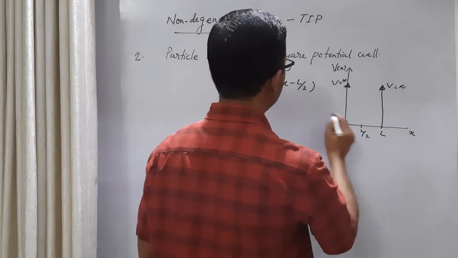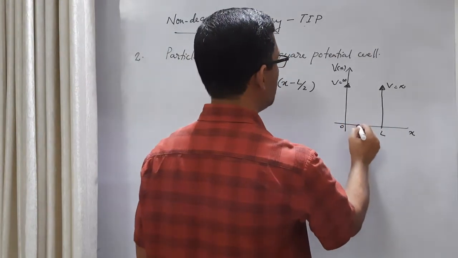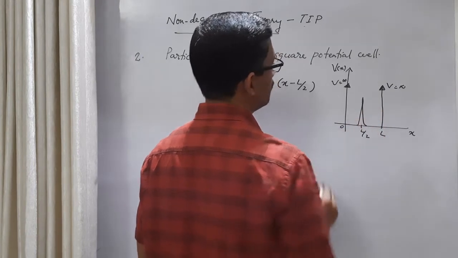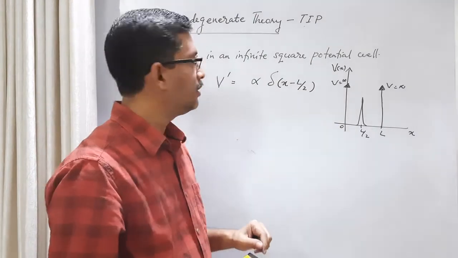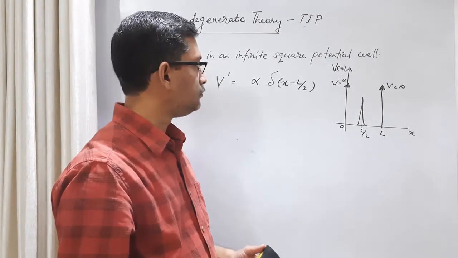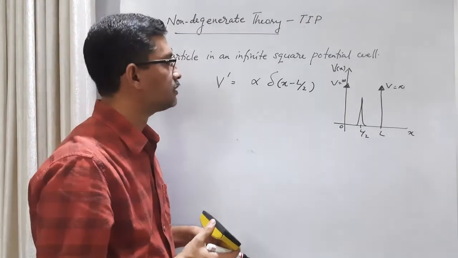So your perturbation, if you plot it here, will be like this. Okay, a spike at x equal to L by 2, some constant alpha times this one. Okay, alpha is some constant.